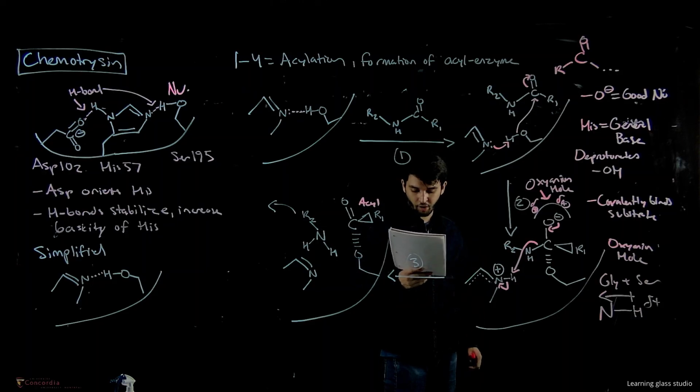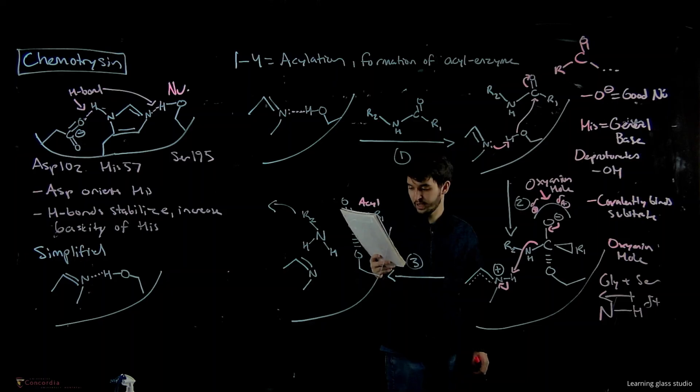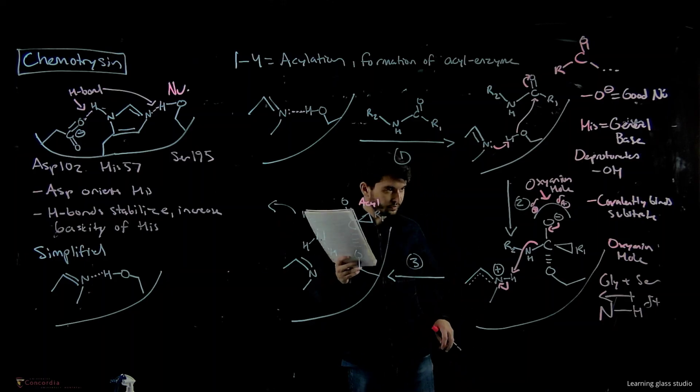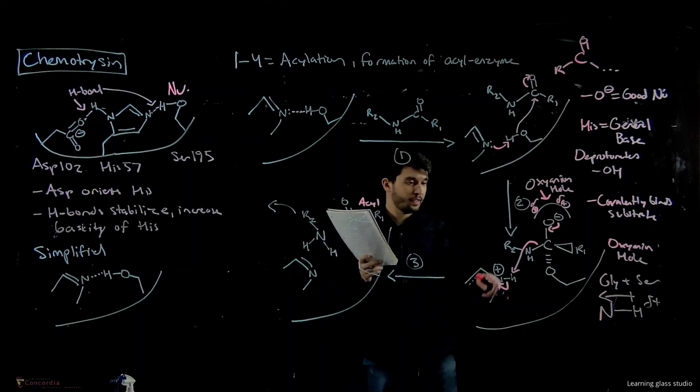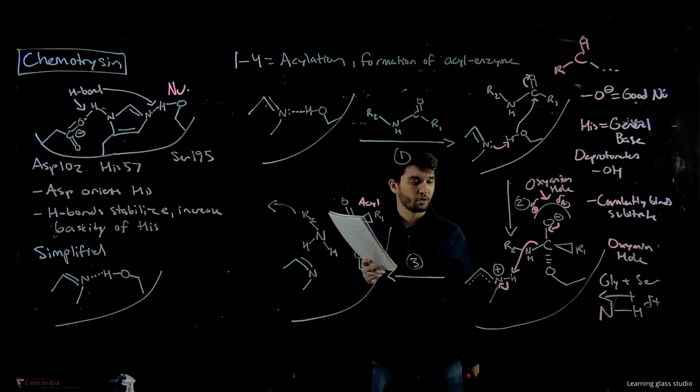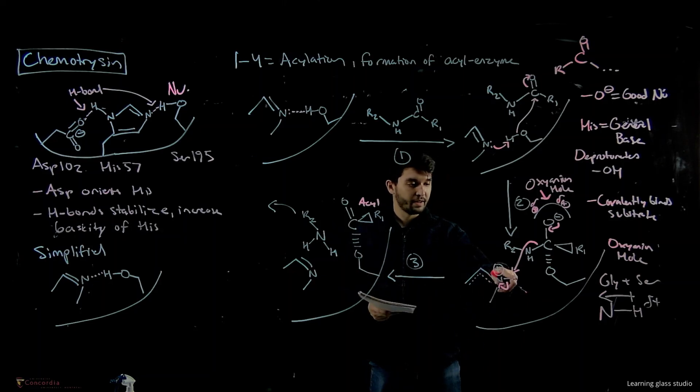Okay, so what is happening here? Essentially, this amino group, this N here, is going to be protonated by the histidine. So this essentially becomes NH, so nitrogen with 2 hydrogens in our group and this carbon.